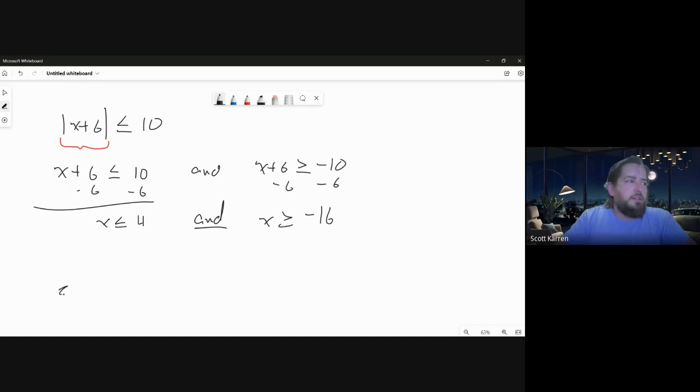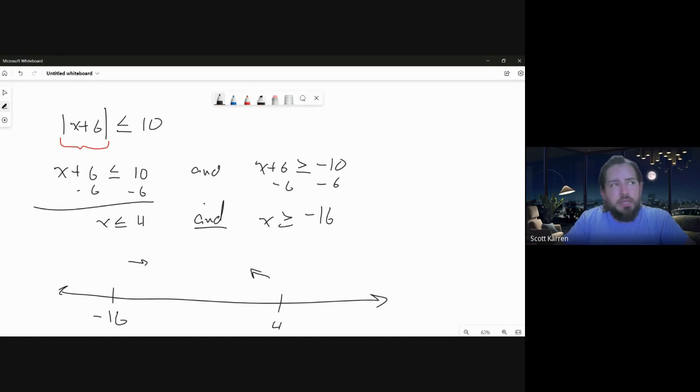And so I can graph this. I've got interesting values at 4 and at negative 16. x has to be less than or equal to 4, so that's to the left of it. x has to be greater than or equal to negative 16, so that's to the right of it. Since I can be 4 and I can be negative 16, these are going to be filled-in dots.